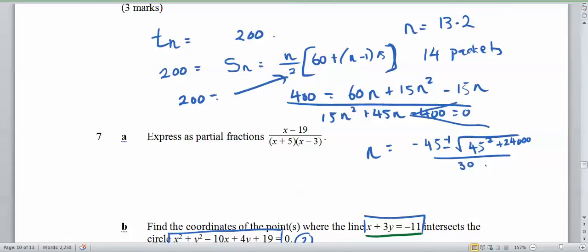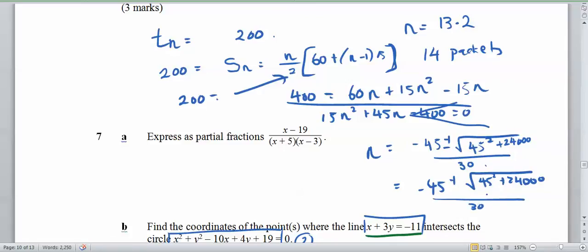Okay, so minus 45 minus that is not going to give us an answer that's feasible. So therefore, n is going to be equal to minus 45 plus the square root of 45 squared plus 24,000, and that's all over 30.